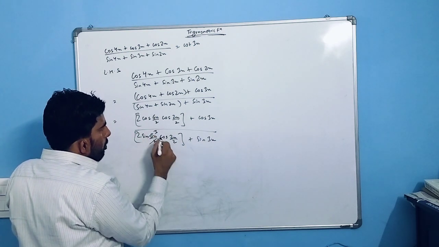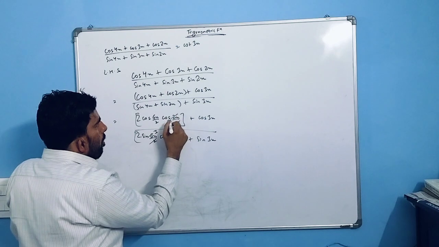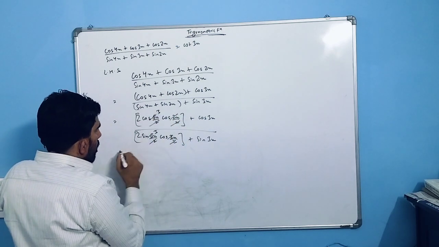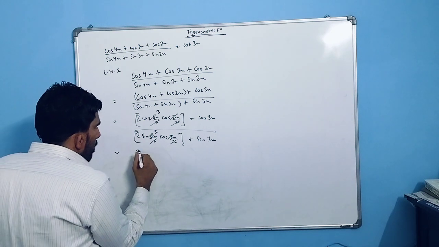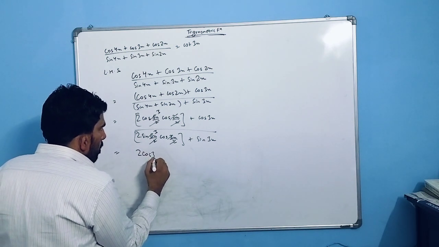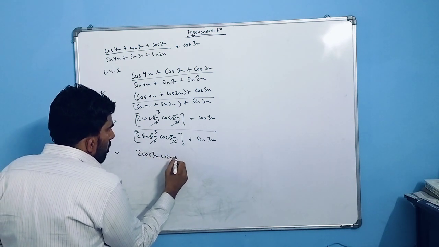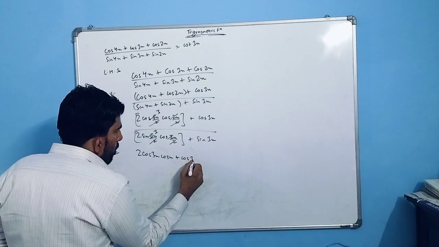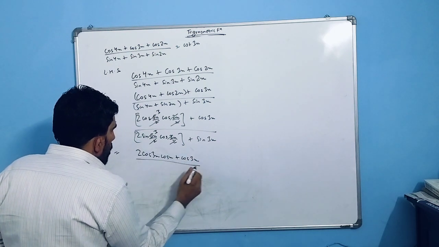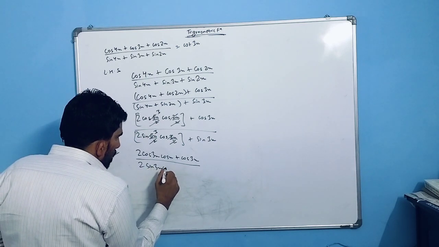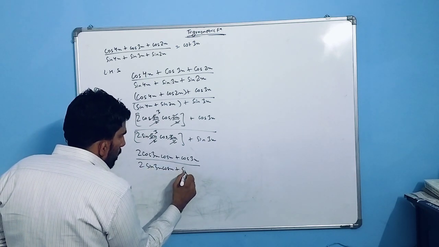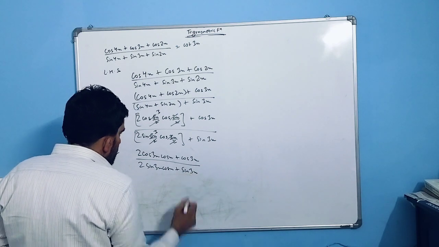So now we can reduce it. By this we get 2 cos 3x cos x plus cos 3x upon 2 sin 3x cos x plus sin 3x.